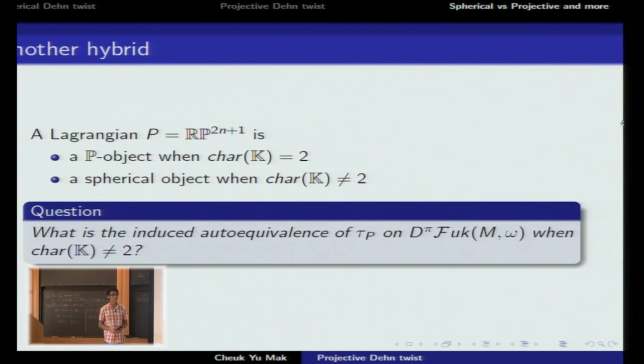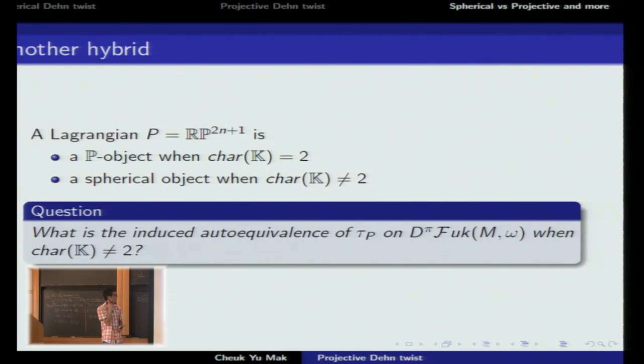What is more interesting to me is if we have a Lagrangian RP^(2n+1), then it is a P object in characteristic 2, but it is a spherical object in characteristic not 2. Here I didn't define precisely what is P object and spherical object, but if you look at the cohomology, I think you are convinced that this is a P object in characteristic 2 and not in characteristic not 2.